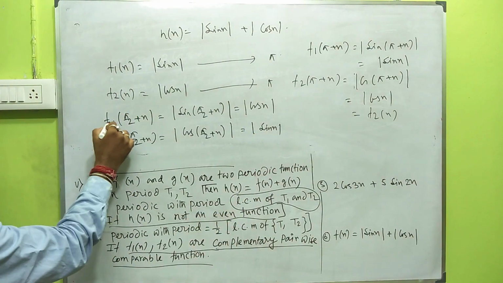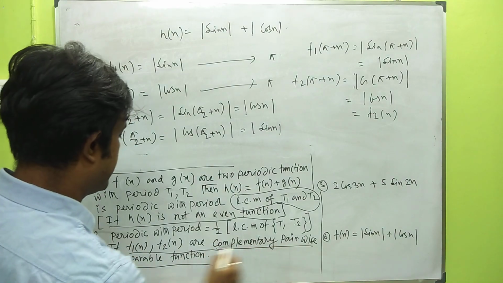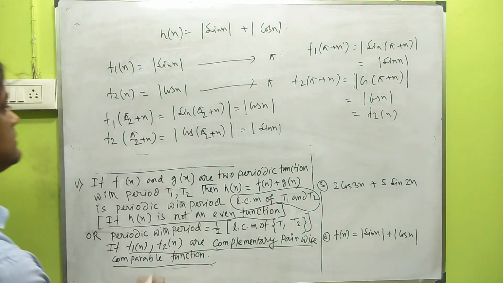So f1 and f2 are complementary pairwise comparable functions.